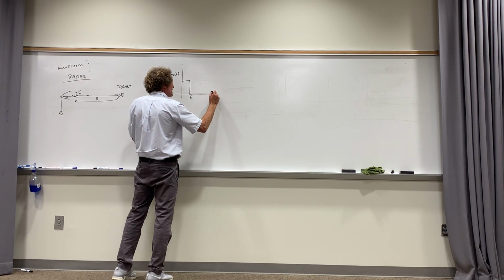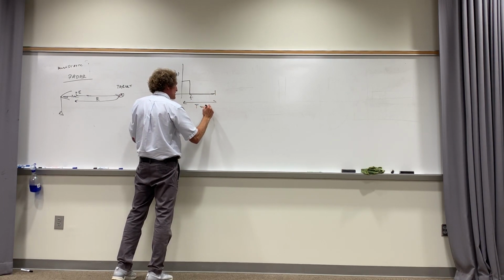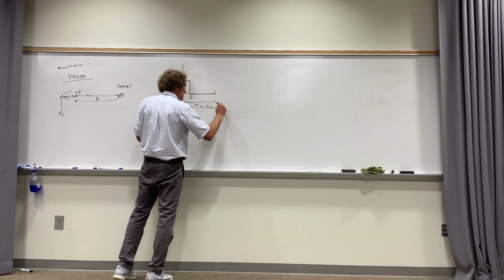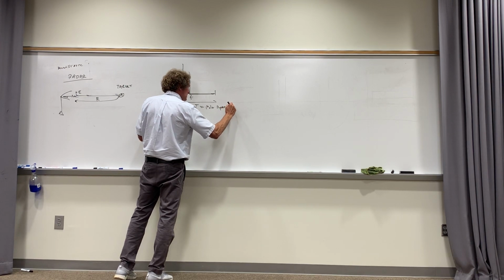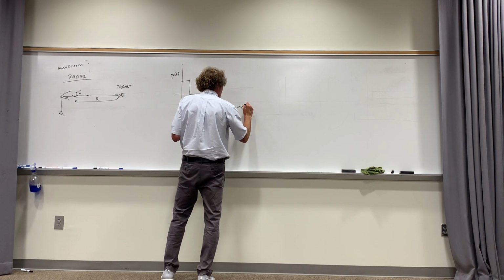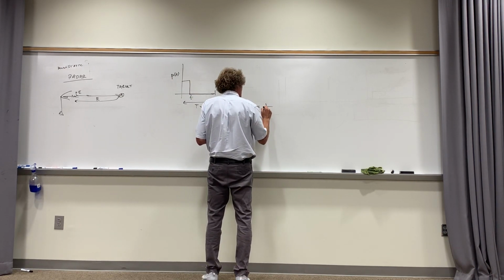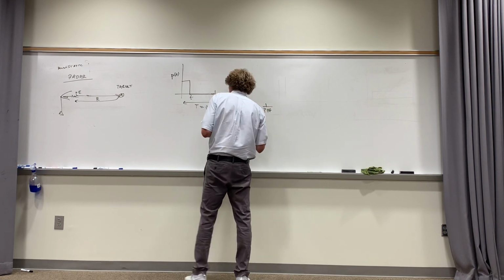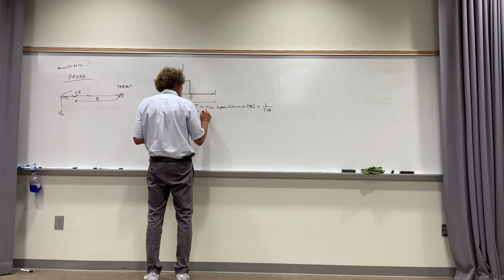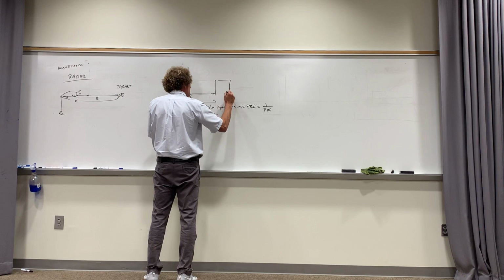And it's off for a length of time called a period, or the pulse repetition interval, sometimes PRI. Pulse repetition interval is 1 over the pulse repetition frequency. And this T is usually of the order of milliseconds. It can be less, and then it repeats itself.